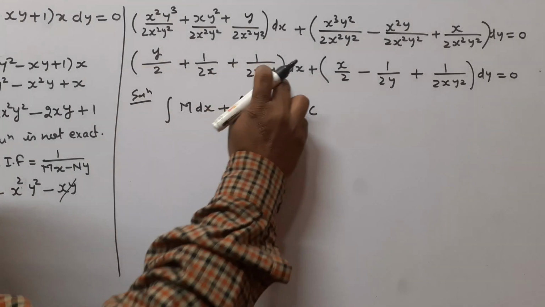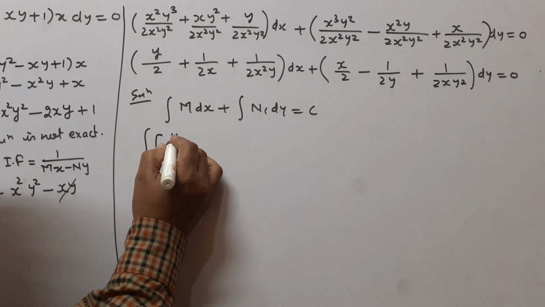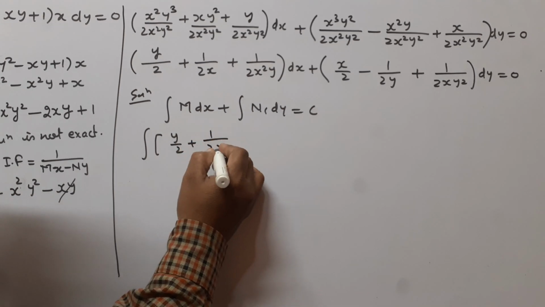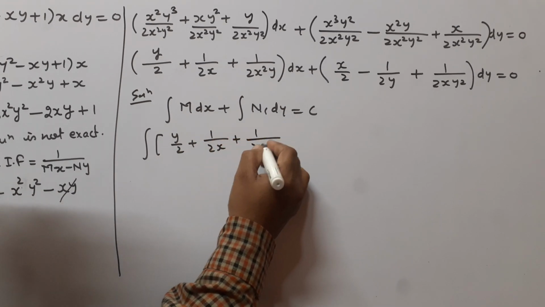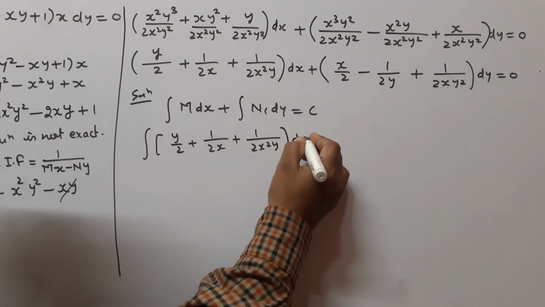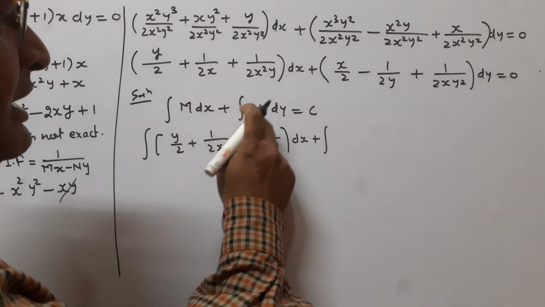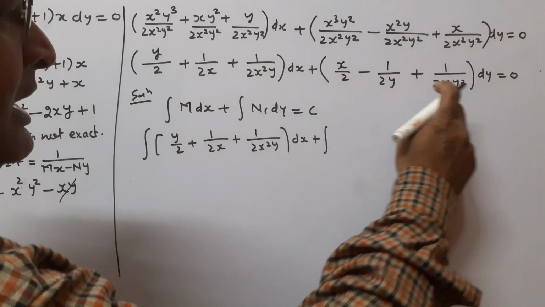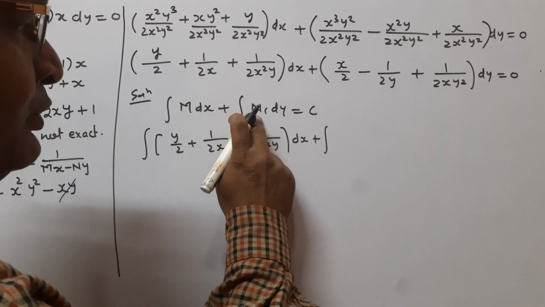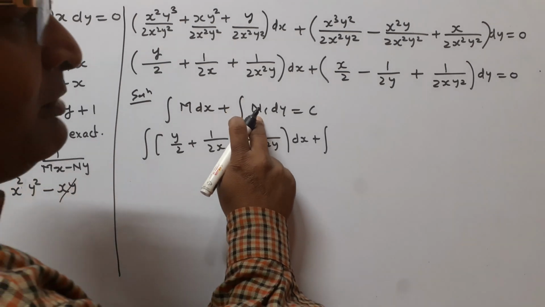Here m is y upon 2 plus 1 upon 2x plus 1 upon 2x square y, and n1 we obtain from n, and n1 is independent of x.